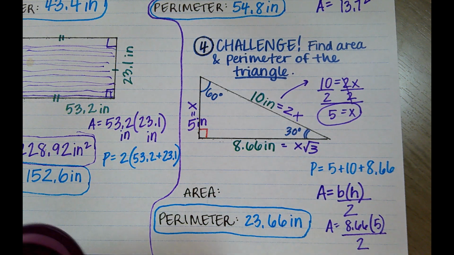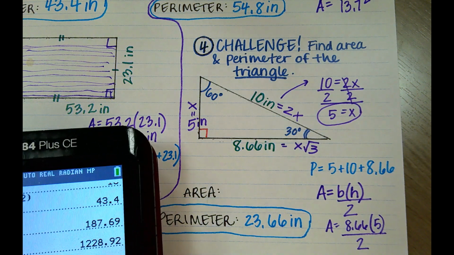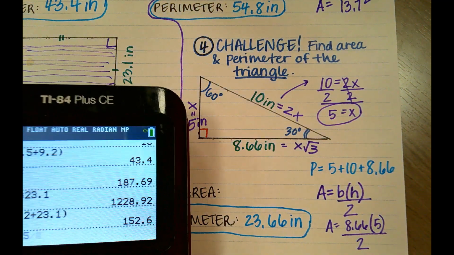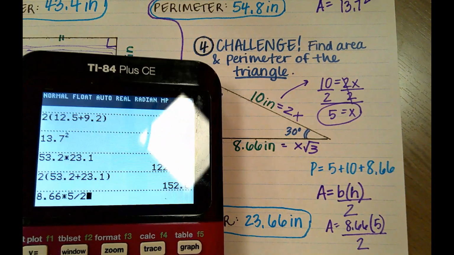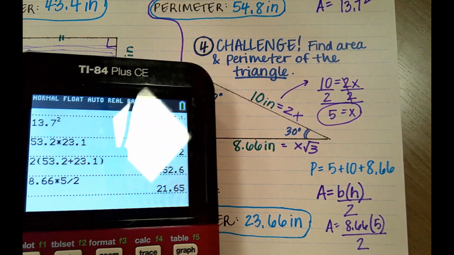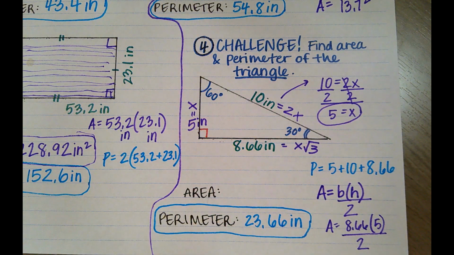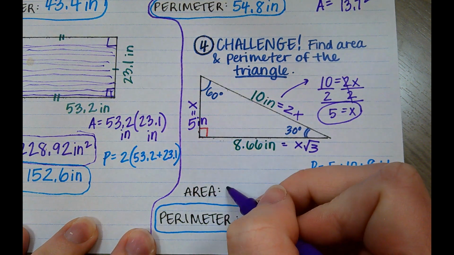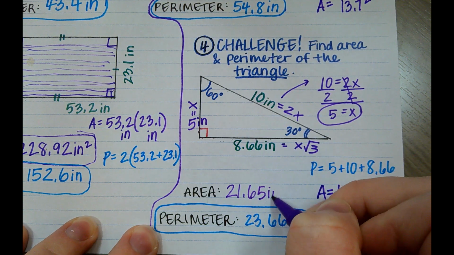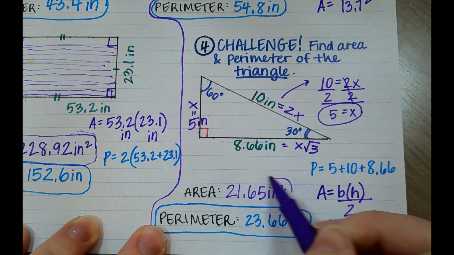I'll type that in: 8.66 times 5 divided by 2. You should be able to do it all at once. Yep, 21.65. That's it, in inches squared. Inches squared, you're right. Good.